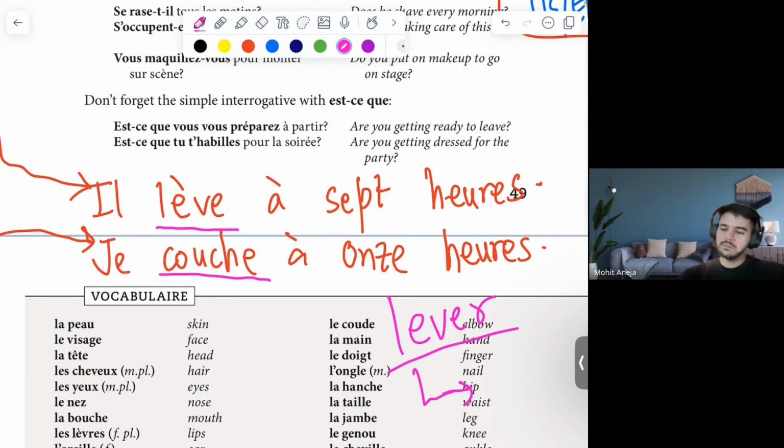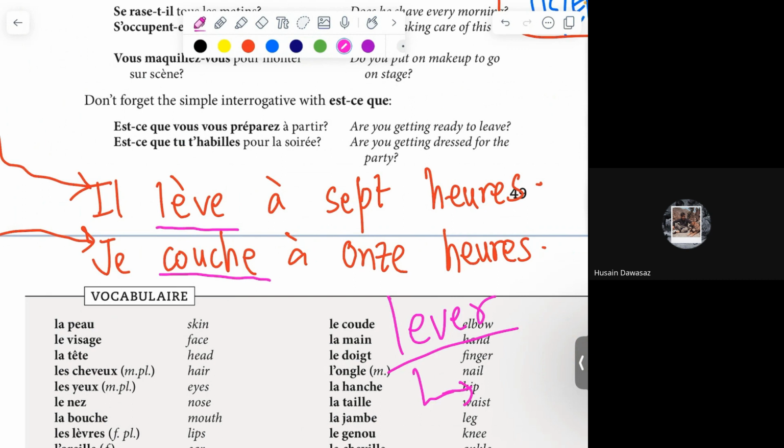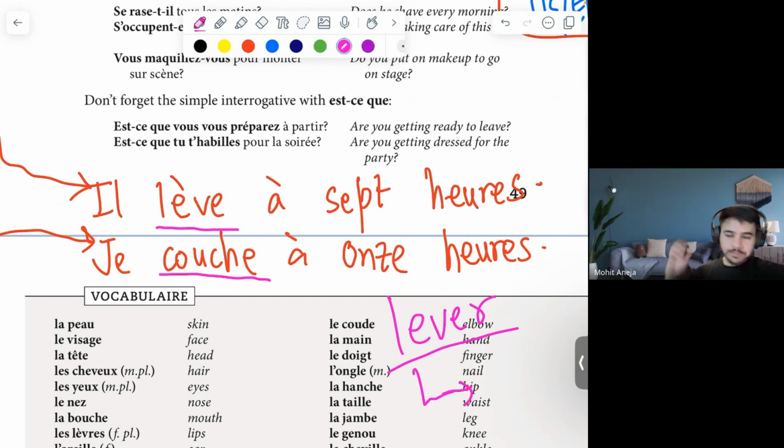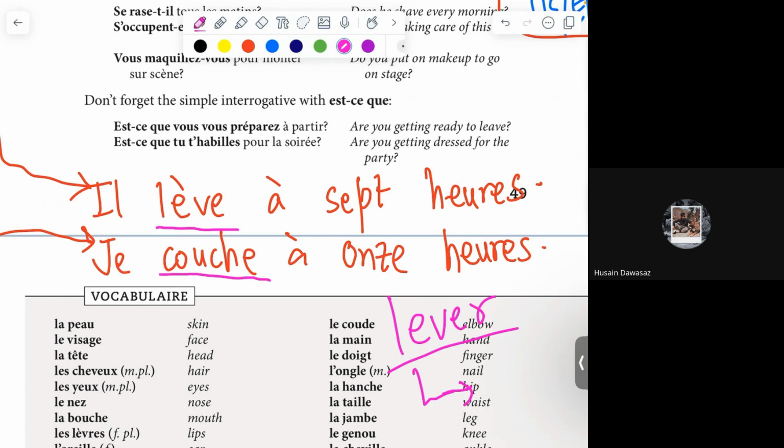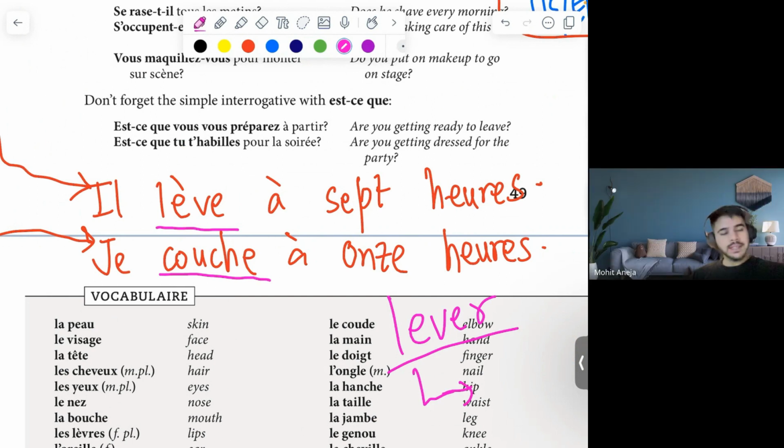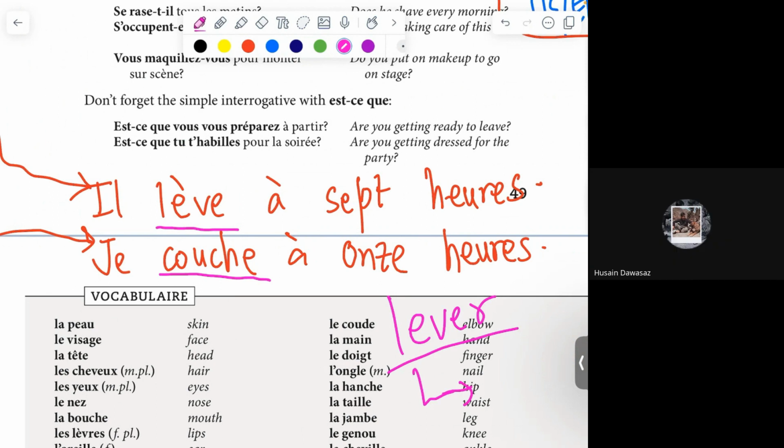Transitive, intransitive. Which is towards the object and which is not towards the object. So what is towards the object? Lève, like it is happening on me. So towards the object, yes. And intransitive, it's not there. In intransitive तो कोई फर्क ही नहीं पड़ता है, like I eat without the object.